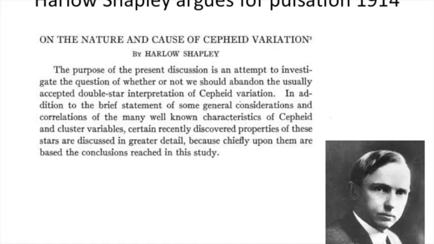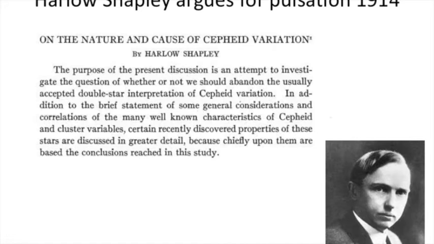He advances a number of arguments in this paper, but the one that seems critical to me is that this is just the time when the division between giant and dwarf stars has come into astronomical usage. Shapley was a student of Russell at Princeton, who, of course, in the Hertzsprung-Russell diagram, was one of the discoverers of the idea of giant and dwarf stars.